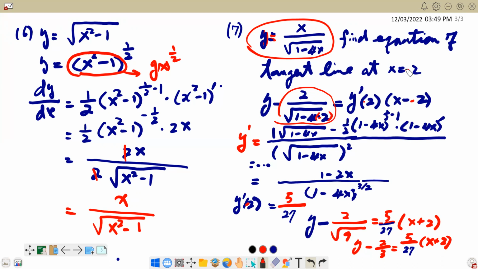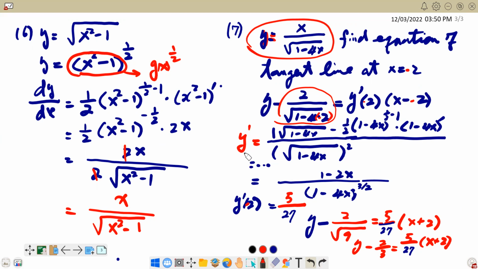So x1 is negative 2. y1 is what you get when you plug negative 2 into your function. So y minus negative 2 over the square root of 1 minus 4 times negative 2 equals y prime of negative 2 times x minus negative 2. So we need to calculate y prime first.